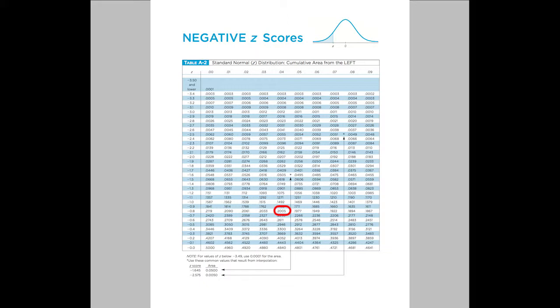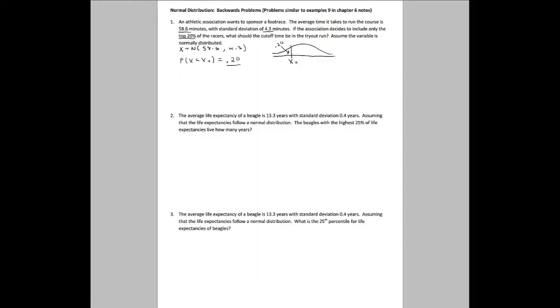The next closest would be the 0.1977, but that's not as close. So our Z naught is going to be negative 0.84. So we have Z naught equals negative 0.84.